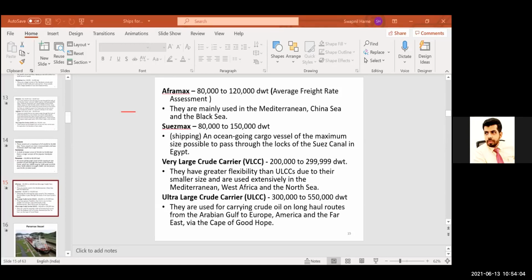So first, the smallest one is the coastal tanker. Size you can see, 3,000 to 10,000 deadweight. Now that has a shallow draft. Gentlemen, to change the slide, one second. Let me stop share and then I'll change it.